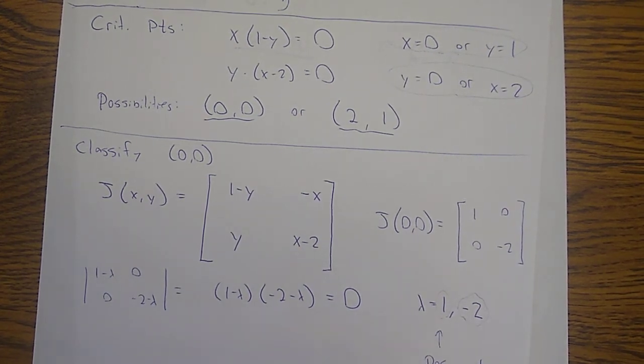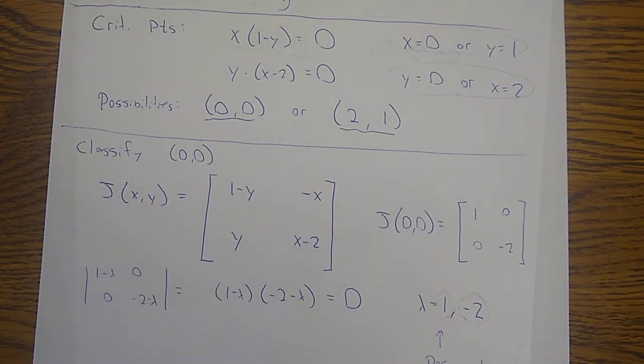So the fact that this is an unstable critical point is probably good news for the rabbits and the foxes, because that basically means that as long as we start out with a few rabbits and a few foxes, the populations aren't going to move towards 0.